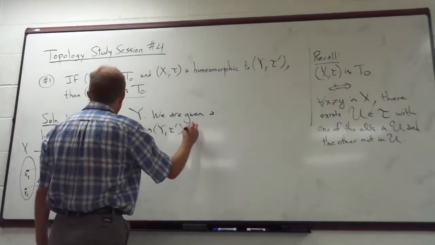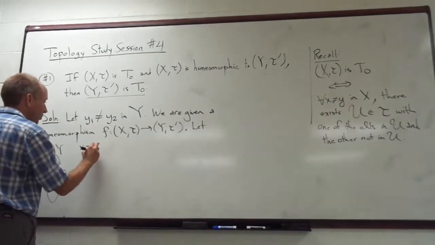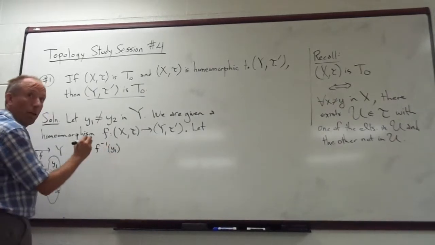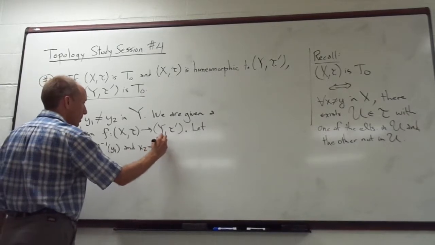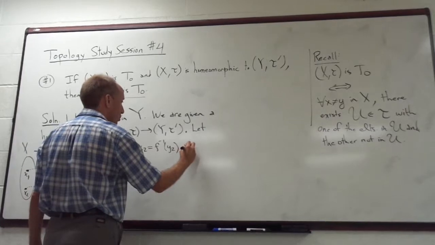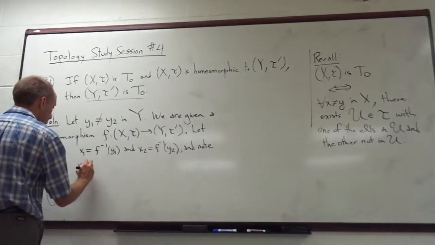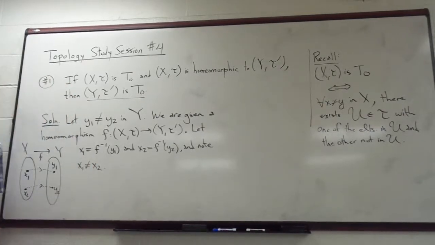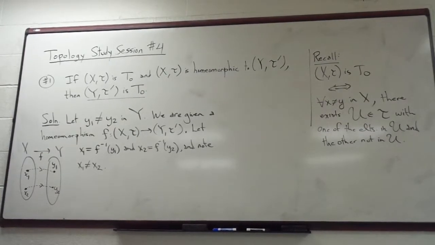Okay, so we can then let x1 equal the pre-image of y1 and x2 equal the pre-image of y2. And note that x1 does not equal x2. So two different points in the domain correspond to those points y1 and y2.